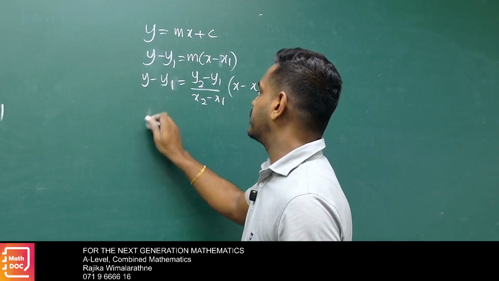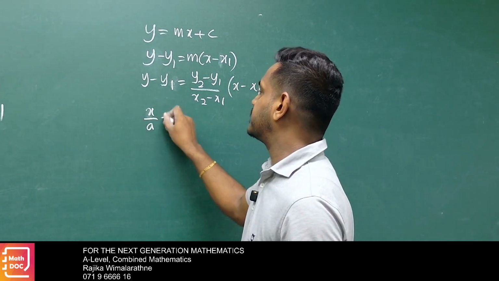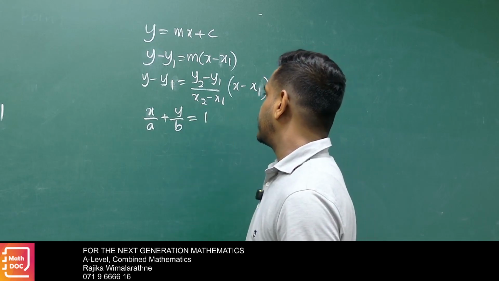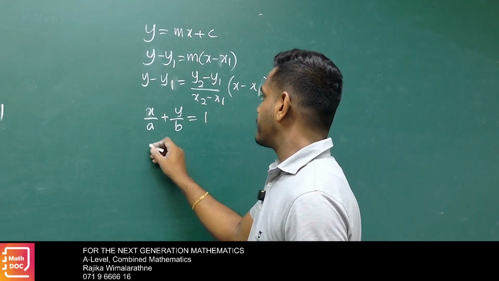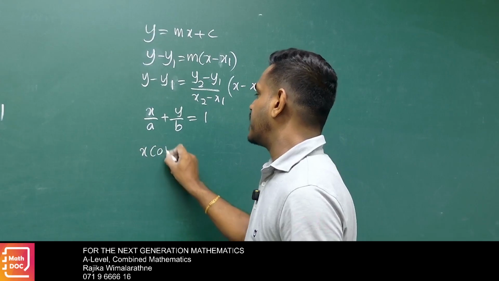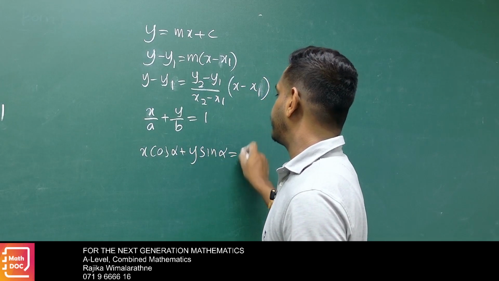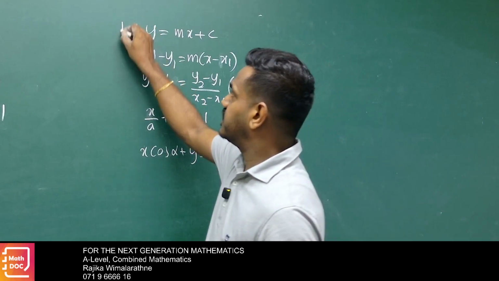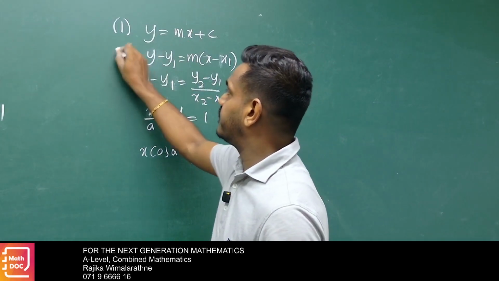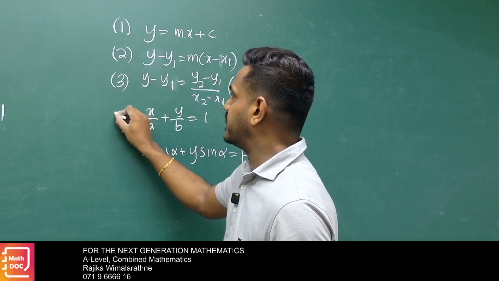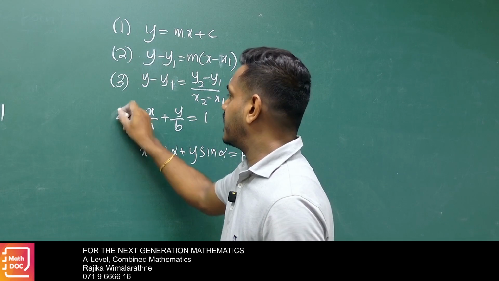Then x over a plus y over b equals 1. And then x cos alpha plus y sin alpha equals p. So here slope-intercept form, here point-slope form, here 2-point form, here intercept form, and here normal form.